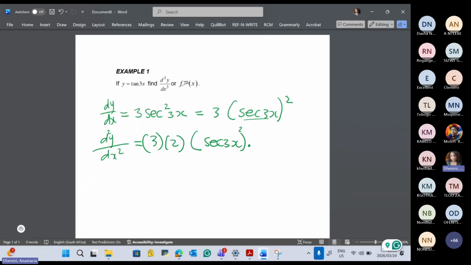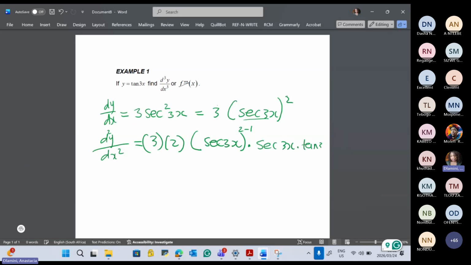Times the derivative. What is the derivative of sec 3x? It's sec 3x multiplied by tan 3x.